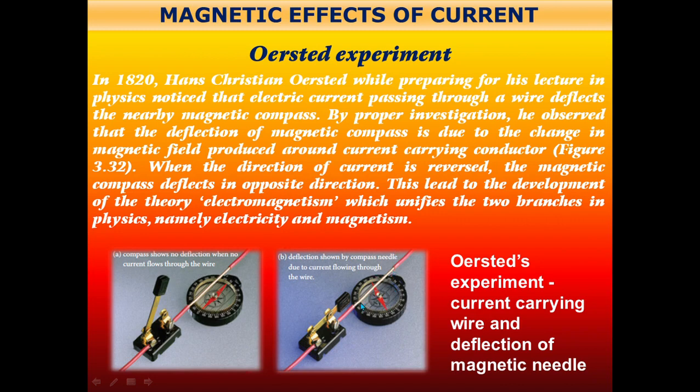That means the charge flowing through the conductor makes a magnetic field. Due to the magnetic field, the compass needle is deflected. When the current is reversed, the deflection of the needle is also in the opposite direction.